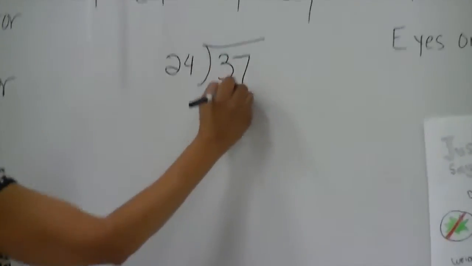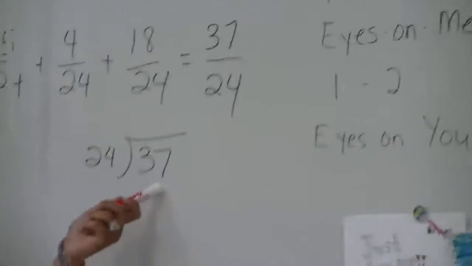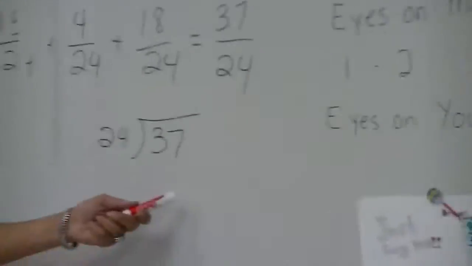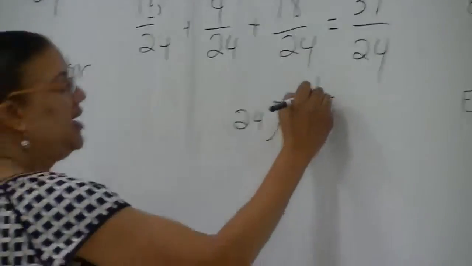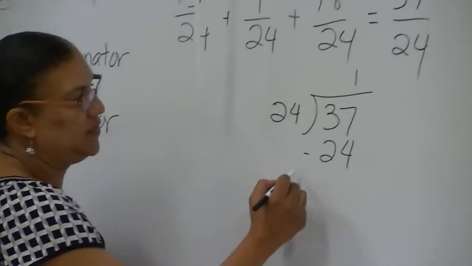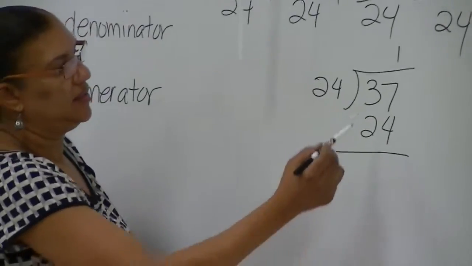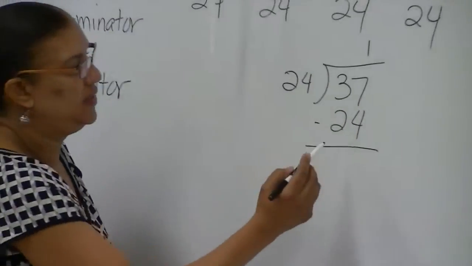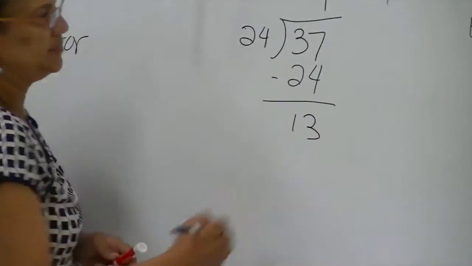37 divided by 24. So 24 goes into 37 how many times? 1 time. 1 times 24 is 24. 37 take away 24 is 13.